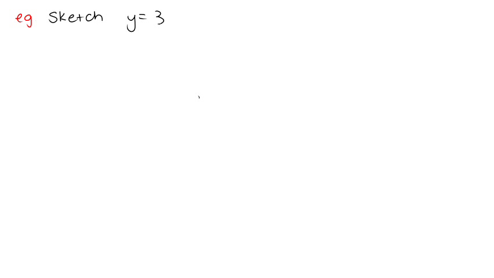Right, so sketch y equals 3 sine (2t minus pi on 4) for t values between pi on 4 and 5 pi on 4.